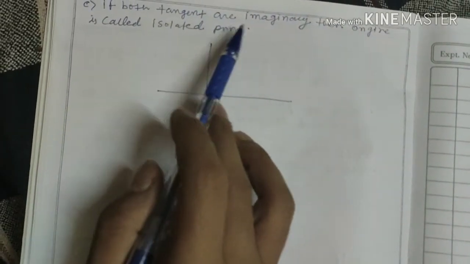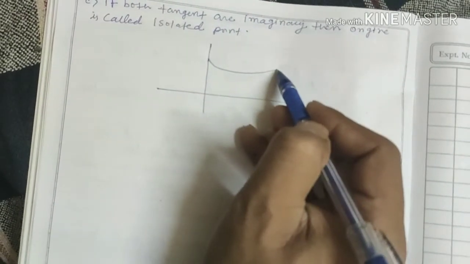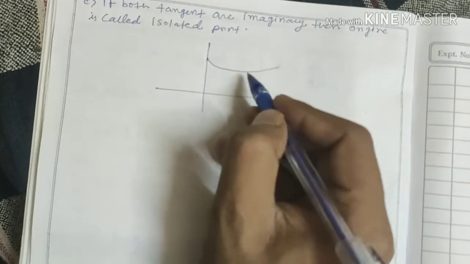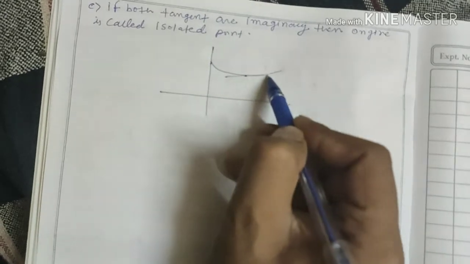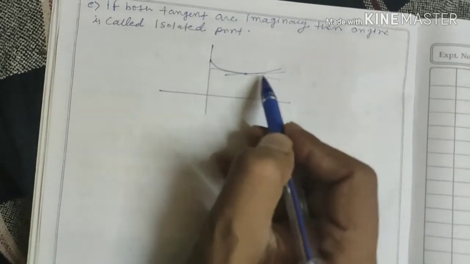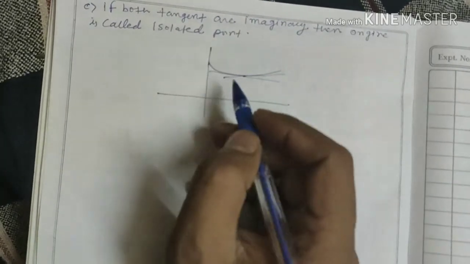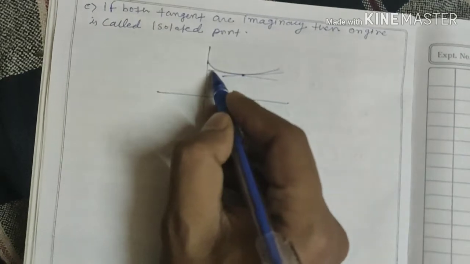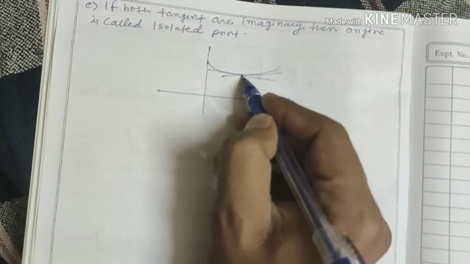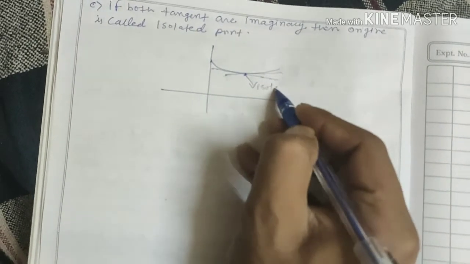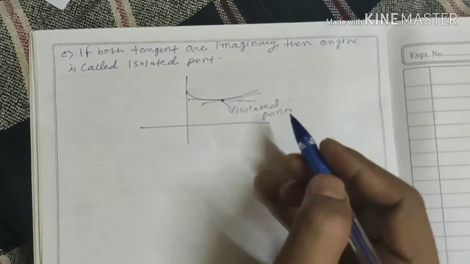If the curve is like this, and there is a tangent and there is a tangent, and both tangents are imaginary, then the origin is called an isolated point. These points are called isolated points.